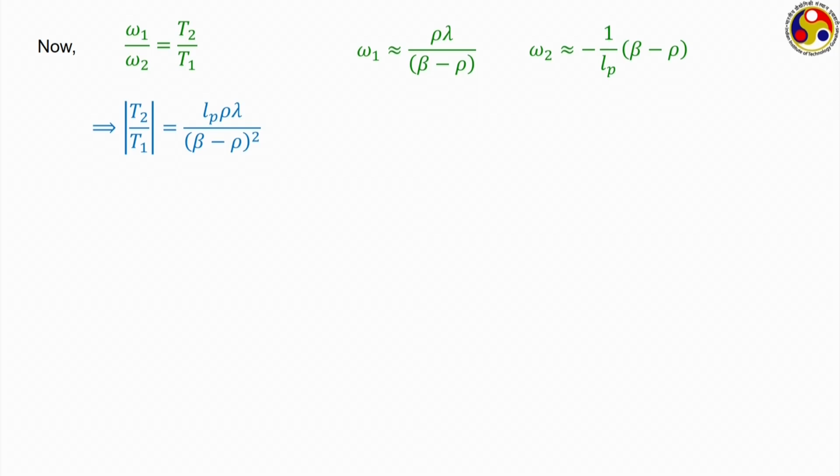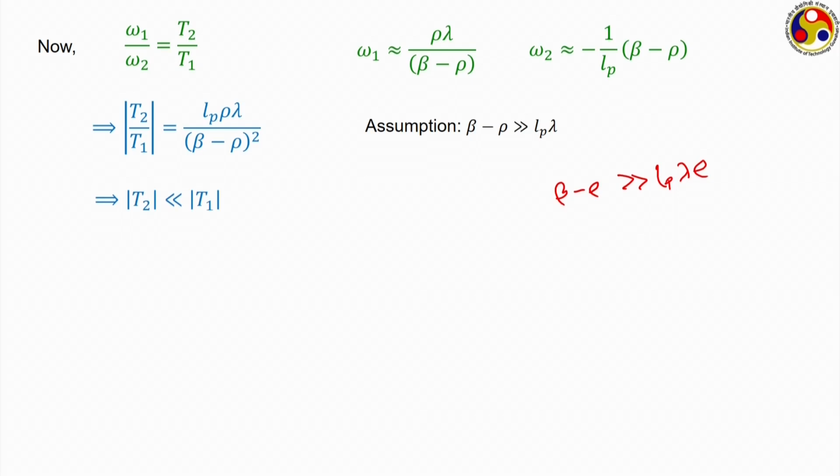But in the previous slide we have considered beta minus rho to be significantly larger than LP into lambda, and once you multiply the two with rho being a small number, this has to be significantly greater than LP lambda into rho, and hence we can safely say that T 2 has to be significantly smaller compared to T 1, or omega 1 is significantly smaller than omega 2.